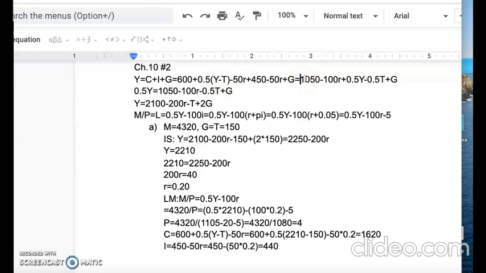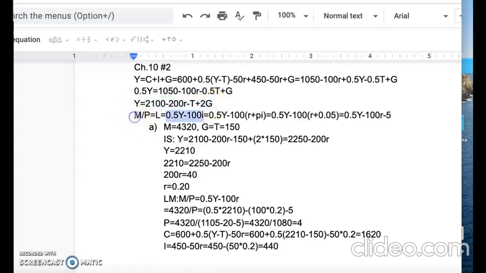At the end we will get this form of our equation, then we will just multiply it by 2, and we will have Y equals the next equation.